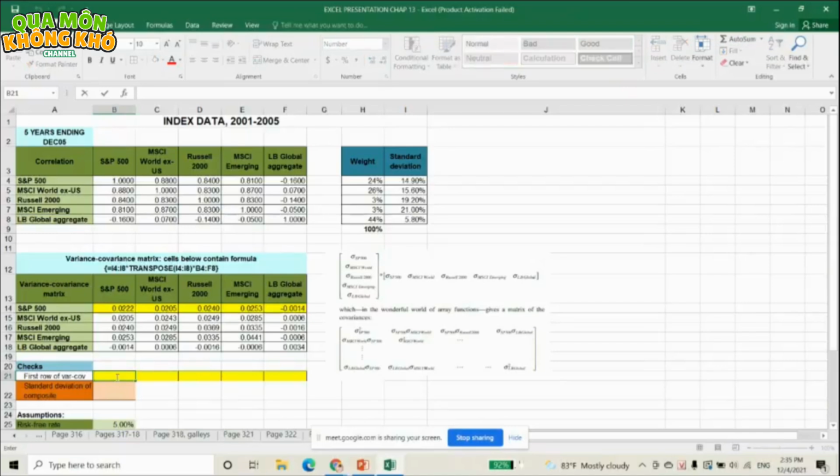At the first cell, we take the standard deviation of S&P 500 multiplied with the standard deviation of S&P 500. And don't forget to multiply with the correlation.